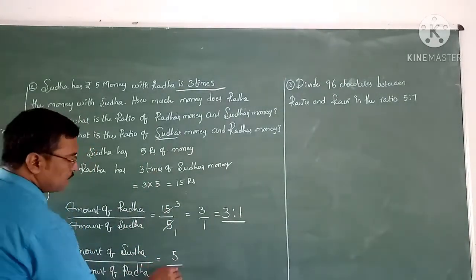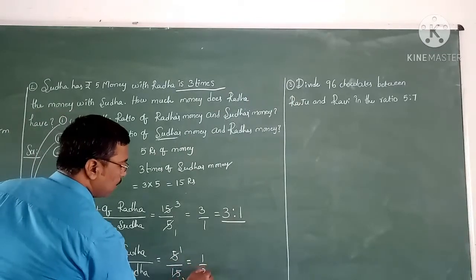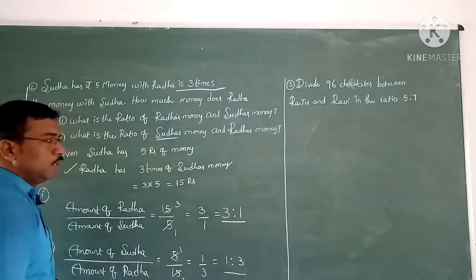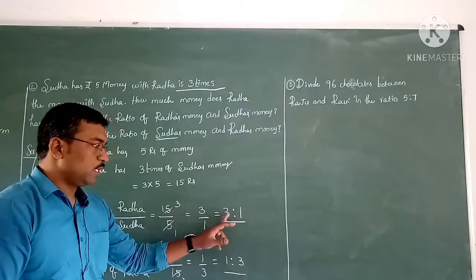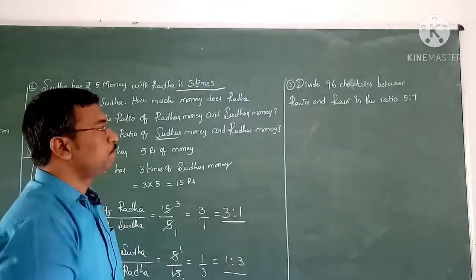Amount of Radha is 15 rupees. So 5 ones are 5, 5 threes are 15, so 1 by 3. So this is 1 is to 3. It is simply the reverse ratio of the first problem. See here, 3 is to 1. The reverse ratio of 3 is to 1 is 1 is to 3.